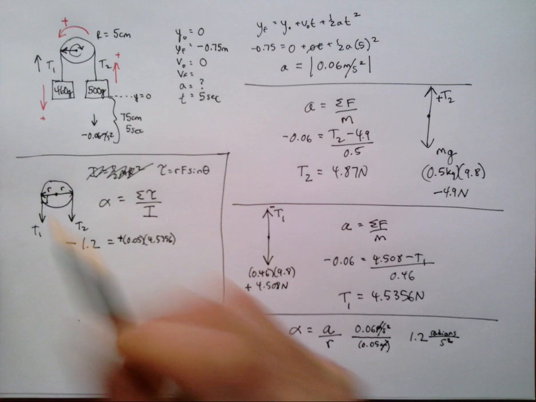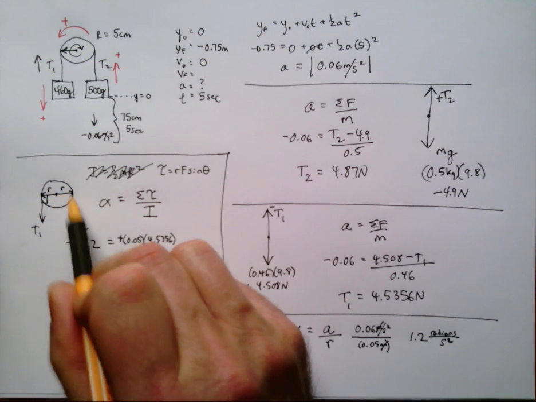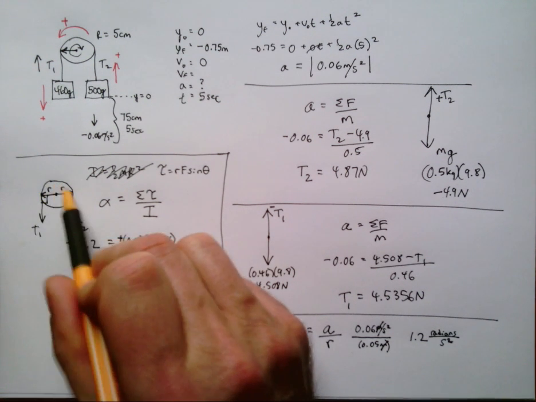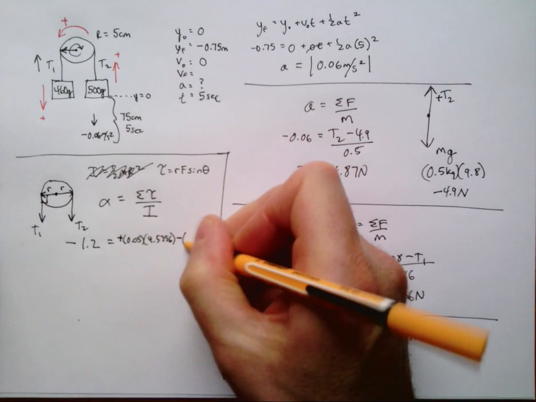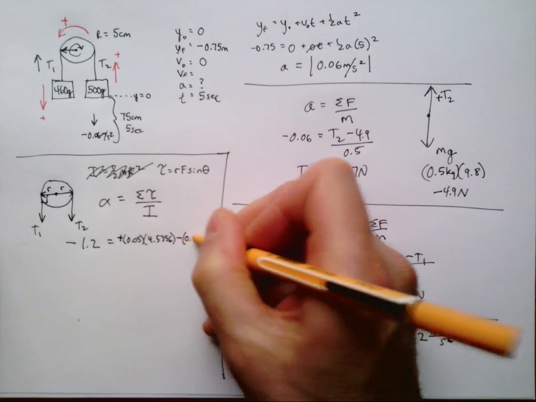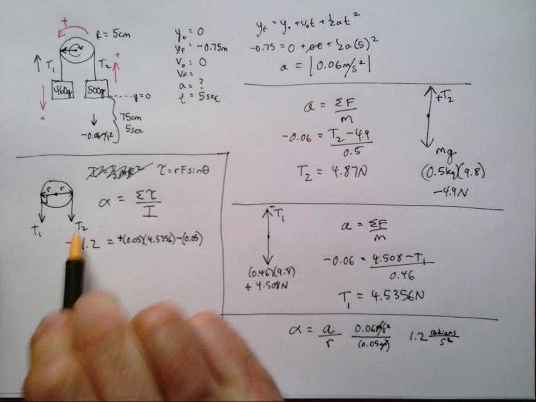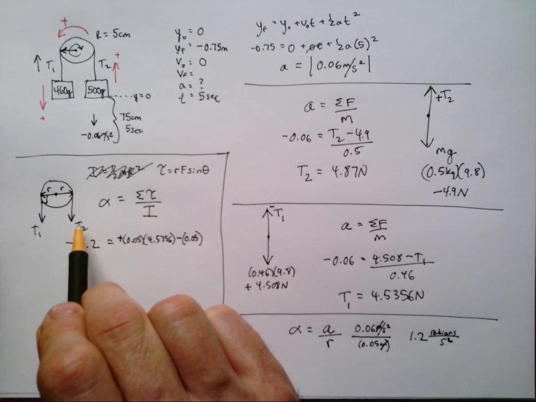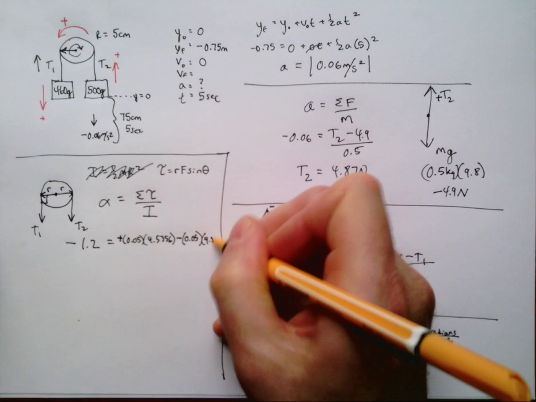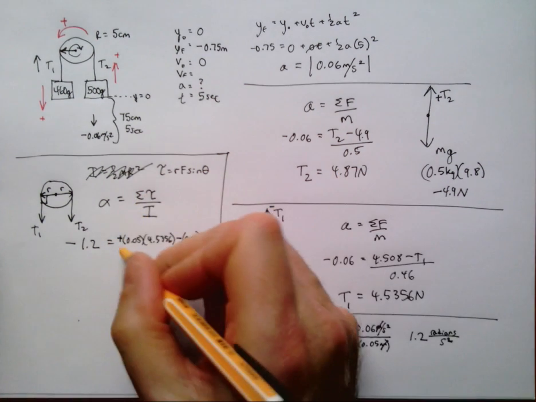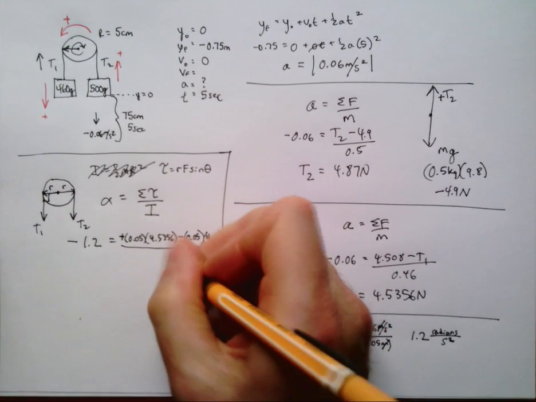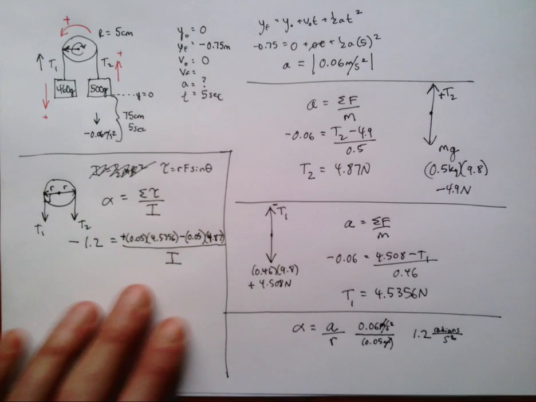All right, and so now how about the torque on the other side? Well, this is T2. It would have a tendency to make it rotate clockwise, so that's a negative torque. The radius is once again 0.05, and the force is what T2 is equal to, which is 4.87. So those are the torques that I'm adding up, and so the only unknown left in this equation is the rotational inertia.